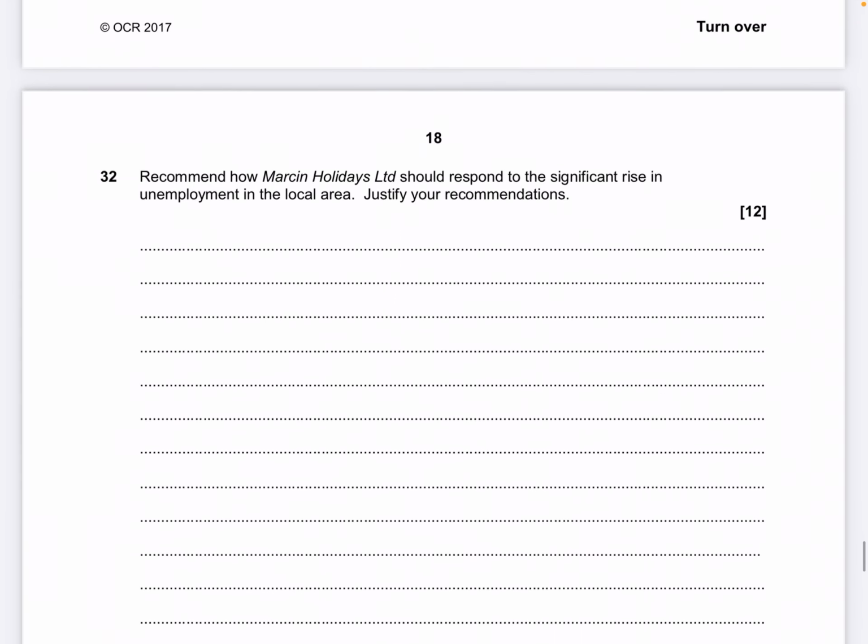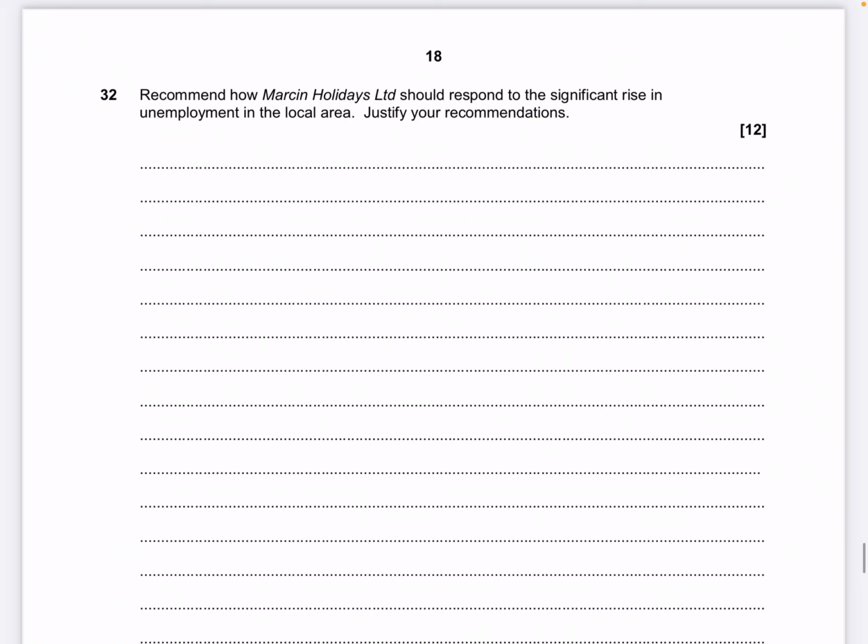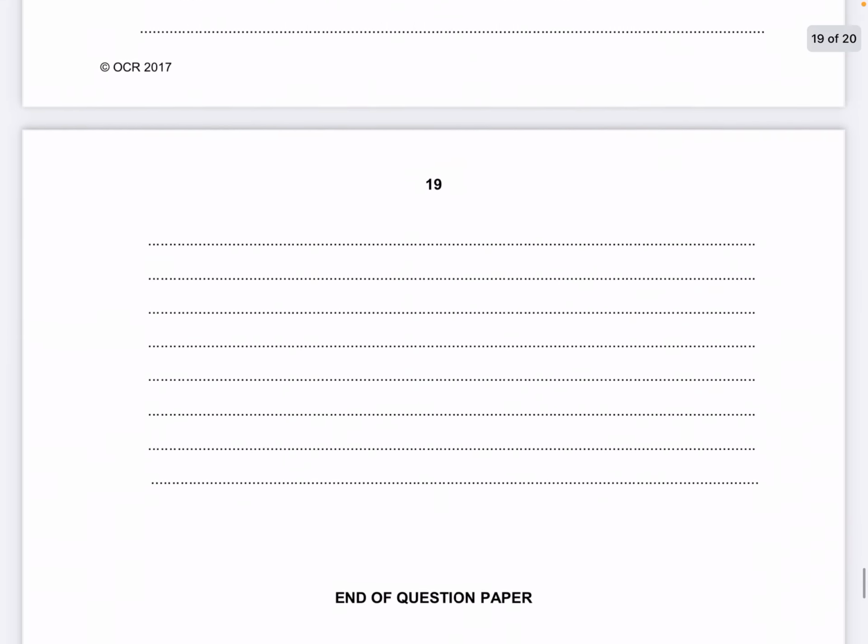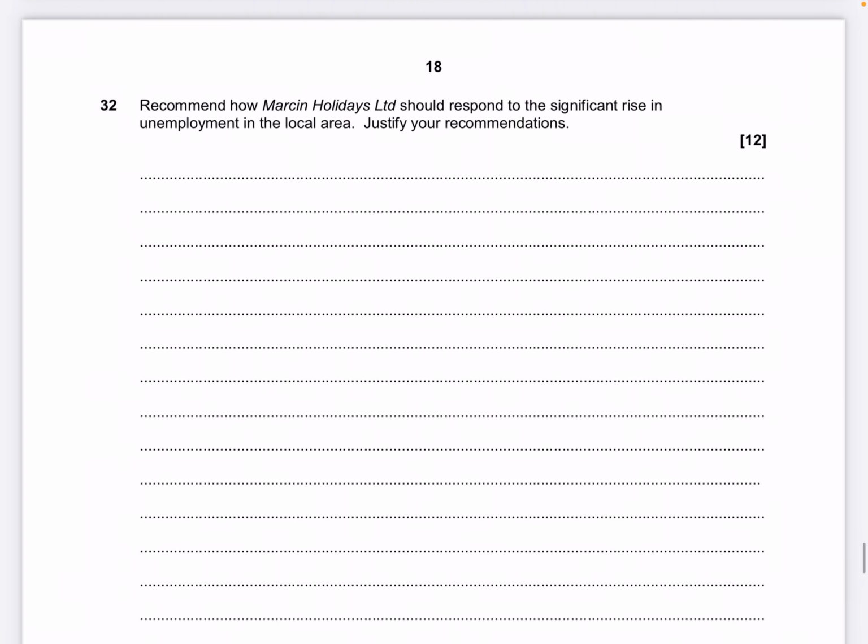We then have the other 12-mark question here, which again, using the case study, you're going to use the exam structure, point, explain, example, analysis leading to, another paragraph of point, explain, example, analysis and leading to, and then come up with your best point from those 2 as your judgment or your recommendation for this business in how they can justify their significant rise in unemployment.